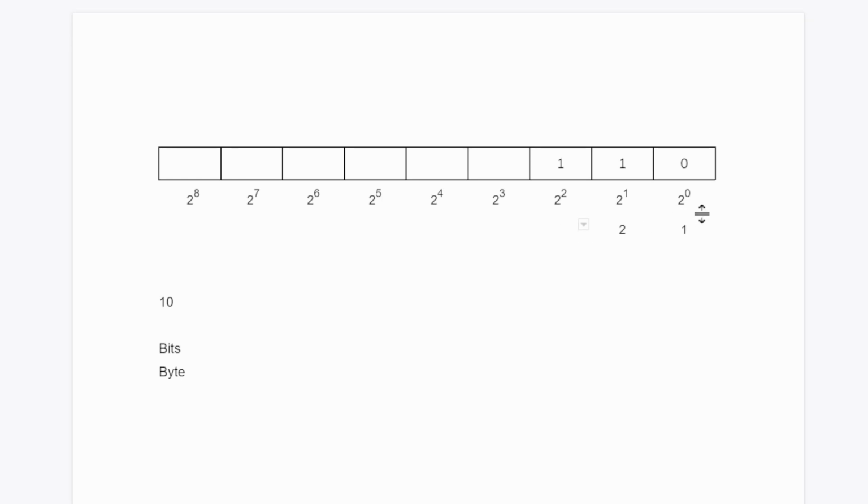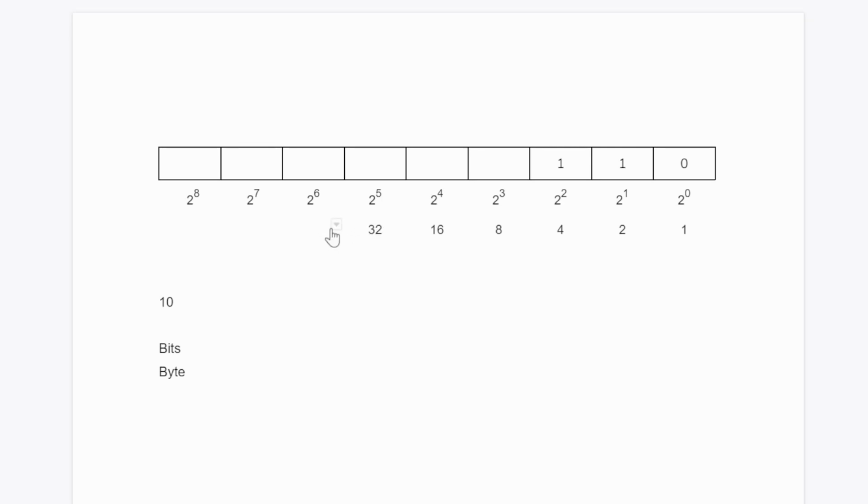With this third place value, it can now count up to 4. And so on. With more memory, the amount of numbers it can count to grows exponentially. So here it can count up to 8. Here it can count up to 16. Here it can count up to 32.